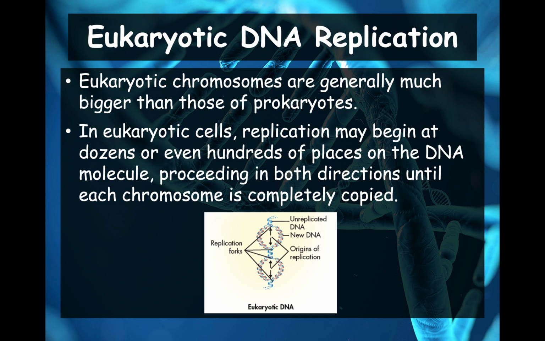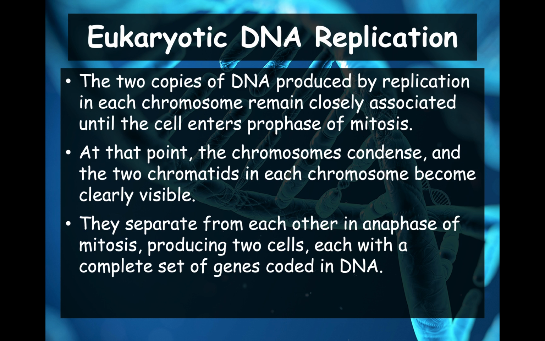You can see the example here that we have multiple replication forks, and the DNA is being replicated not just from a single fork, but all along the DNA strand until the entire thing is copied. That's different from prokaryotes, where it's only going to happen at one spot.